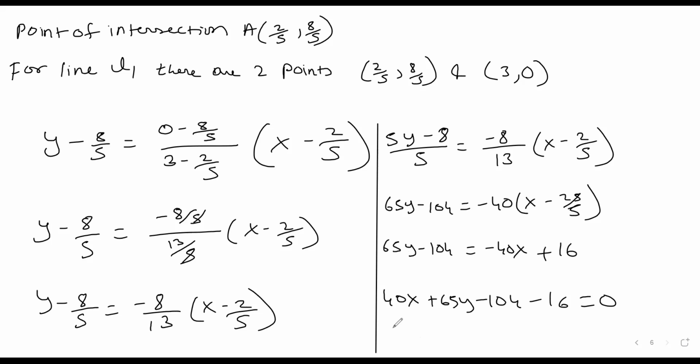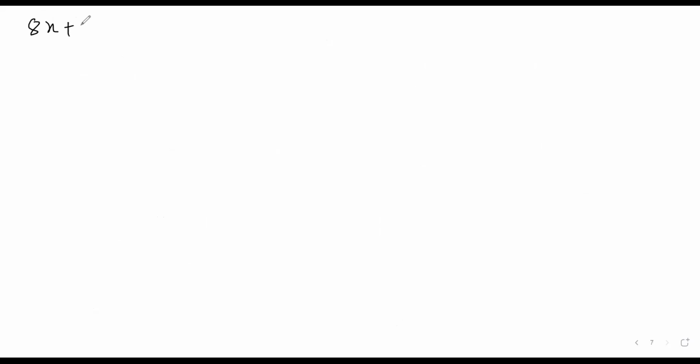We can divide it by 5. So it will become 8x plus 13y minus 24 is equal to 0, since 120 divided by 5 is 24. This can be your equation.